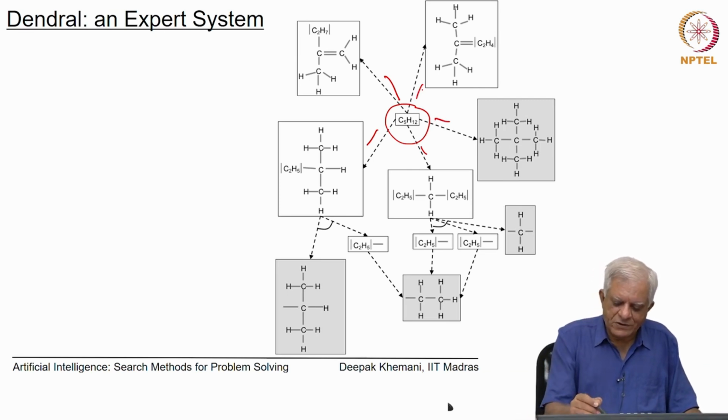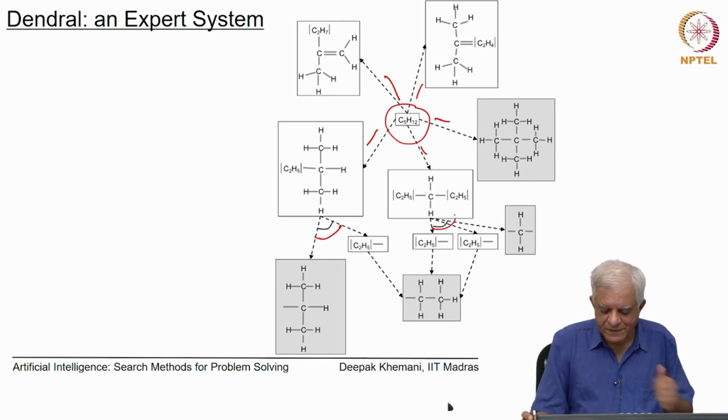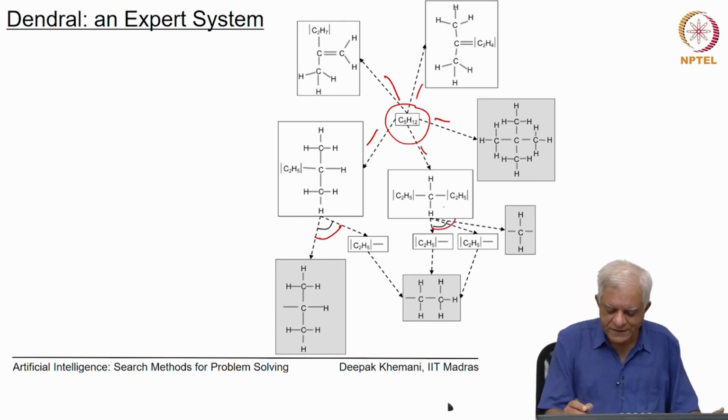Some of those are OR choices like the one in the center, but some of them are AND choices, like for example here or here. This AND choice says that if you want to look at this particular compound, then you have to solve for C2H5, which is shown here and here, and both have the same solution.